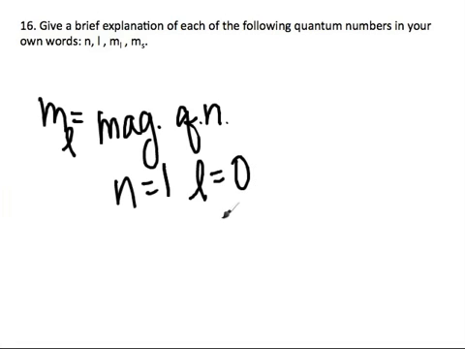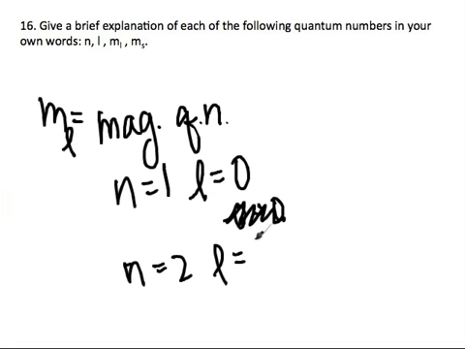Well, there's only one orientation for this orbital, because it goes from minus 0 to 0, so there's only 1, which is 0. However, for n equals 2, for example, we now have l equals 1. We can have minus 1, 0, and 1. So for the p subshell, we can have 3 orientations. We usually call these x, y, z.